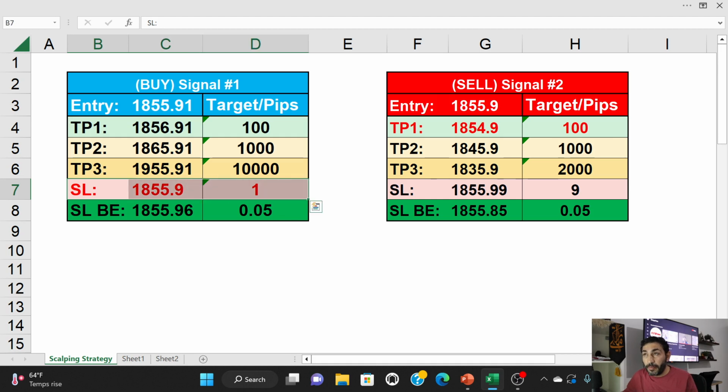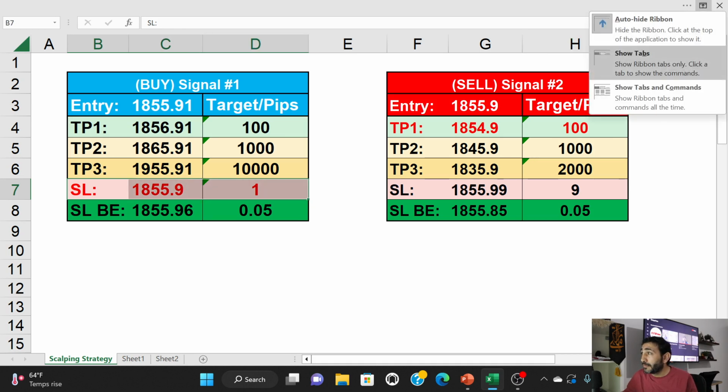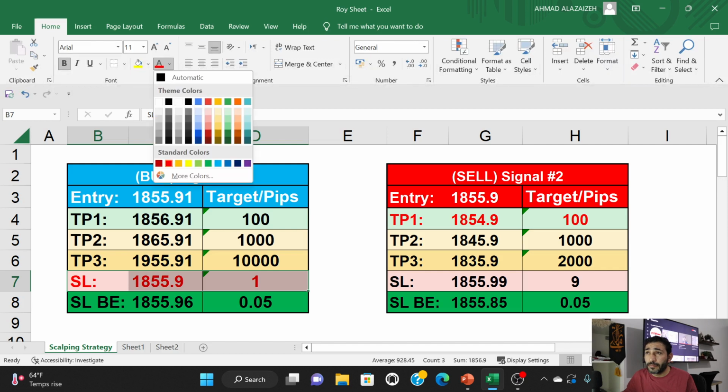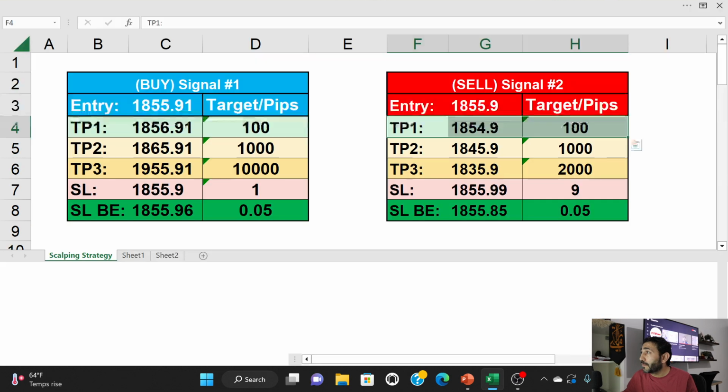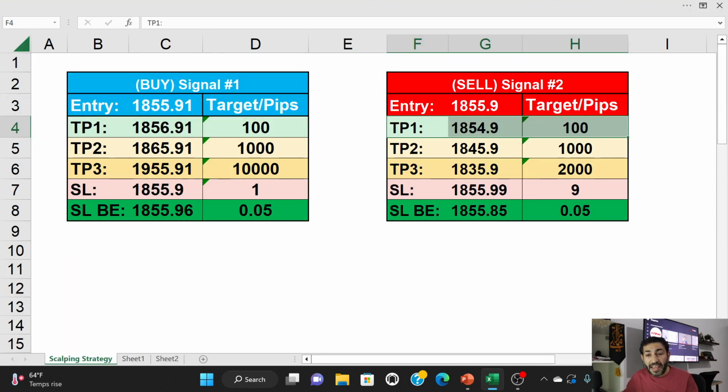This is supposed to be black. However, when we modify the signal, whether it's take profit number 1, take profit number 2, take profit number 3, or stop loss, that will change to red.